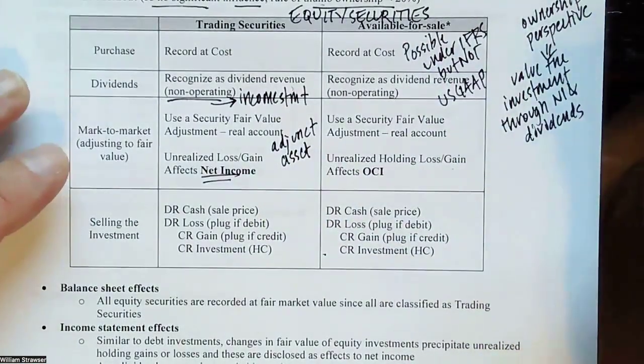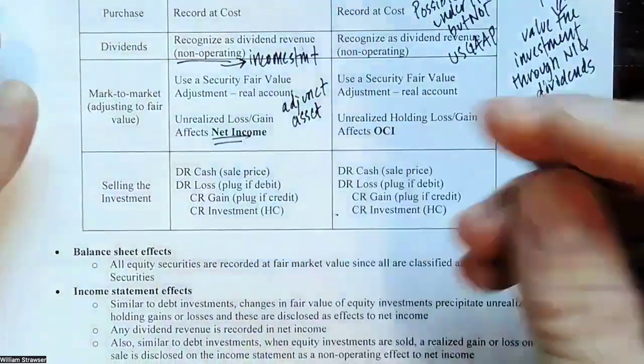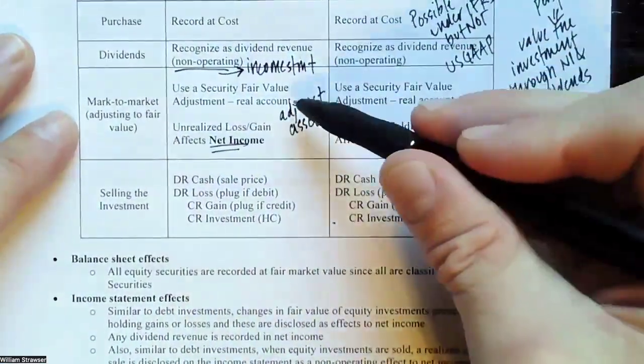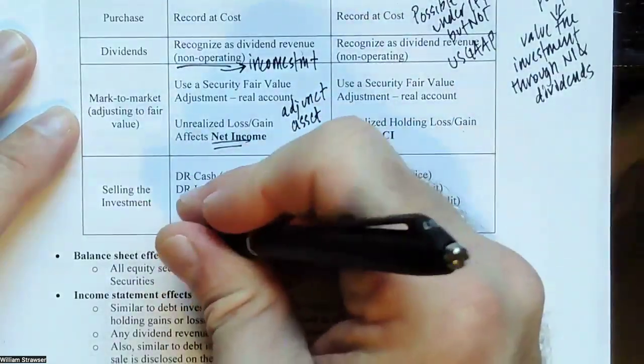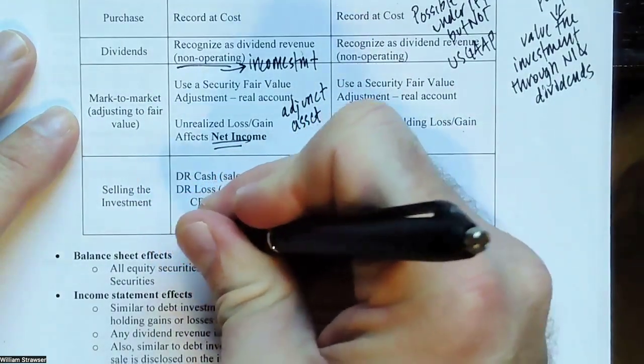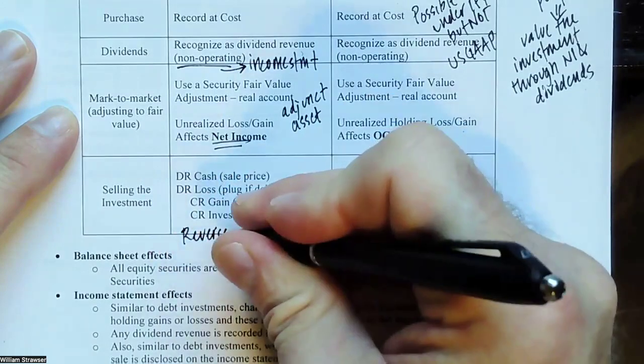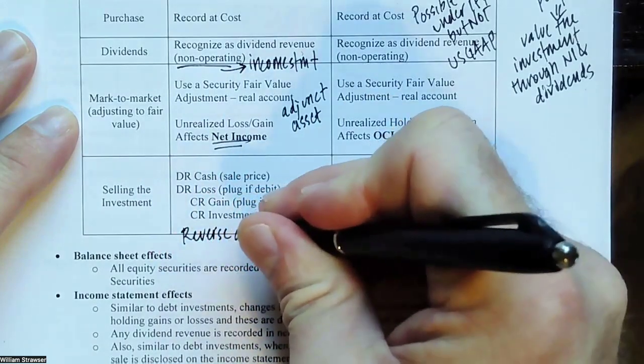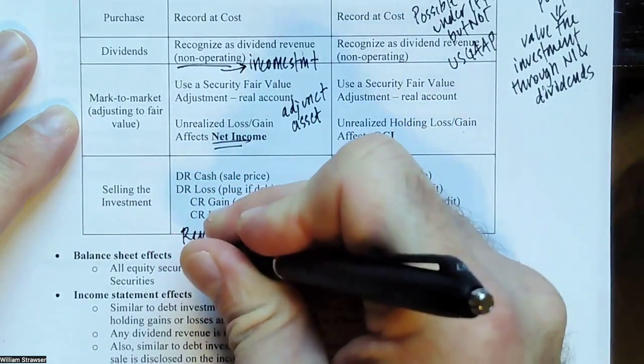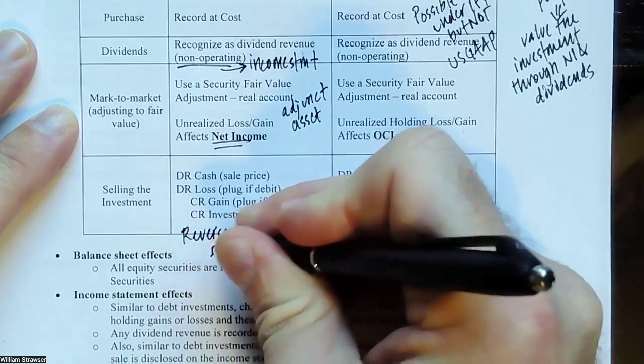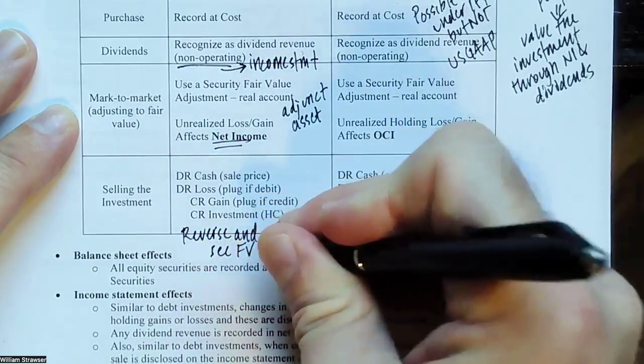And if there was any unrealized amount left in the adjunct asset account, we need to reverse and zero out the security fair value adjustment account.